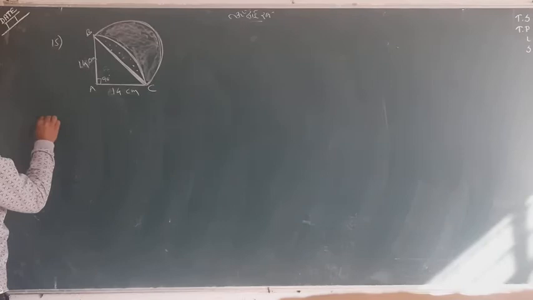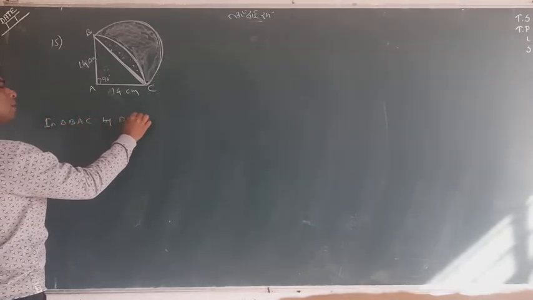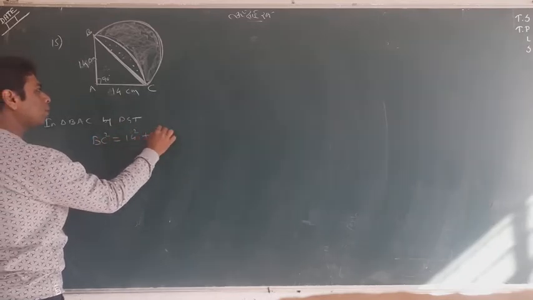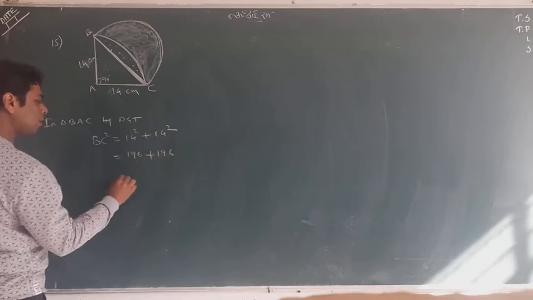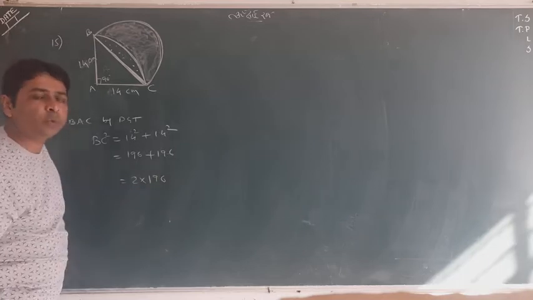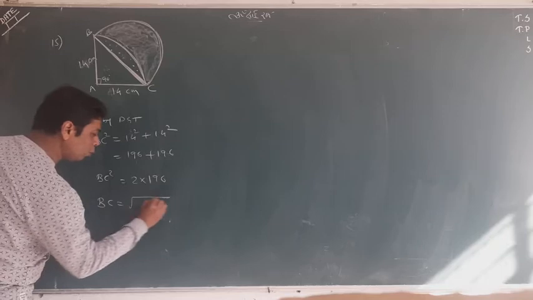Look at here. In triangle BAC, by Pythagoras theorem, BC square equals 14 square plus 14 square, which is 196 plus 196, 2 into 196. I tell you, 196 plus 196 can be written as 2 into 196. And after finding BC, we have square root of 2 into 196.